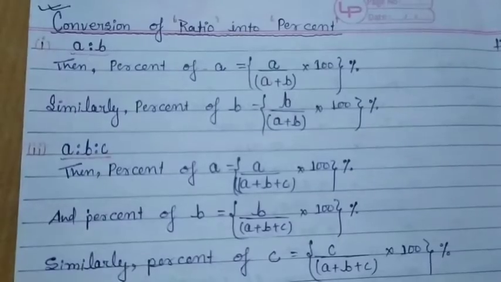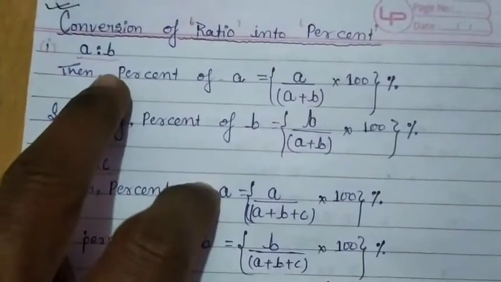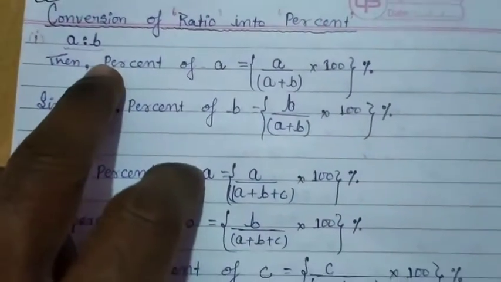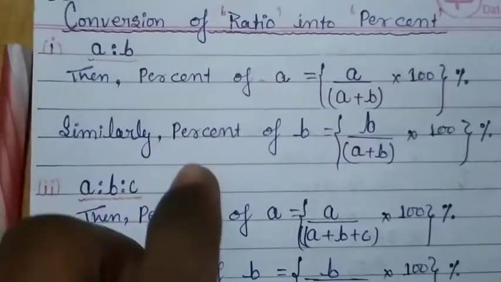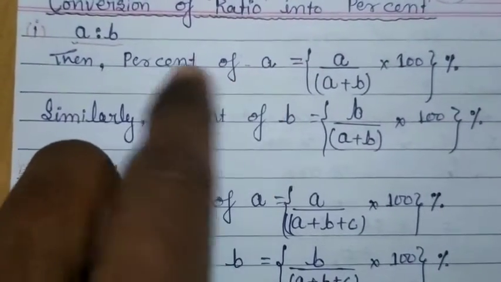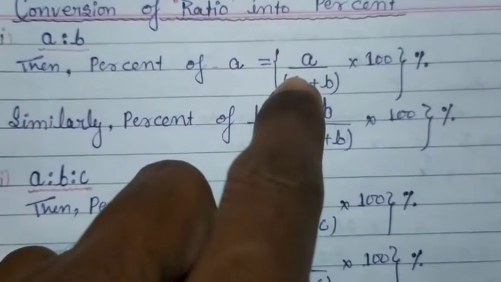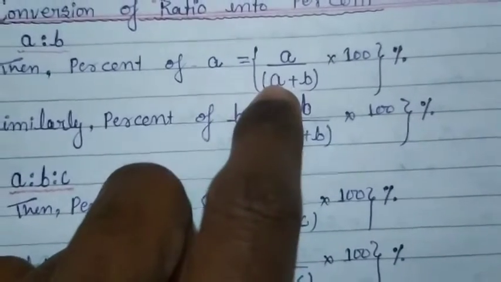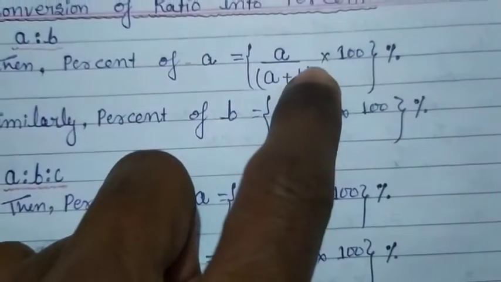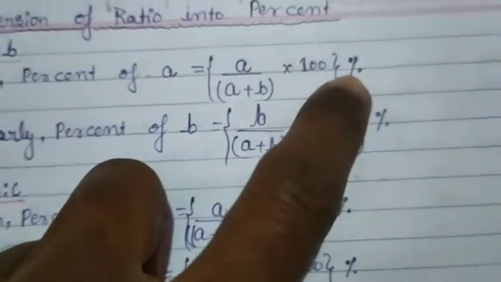Suppose we are given a ratio of two terms, A and B, and we have to convert them into percentage. Then the percent of the first term, A, can be evaluated by using A upon the sum of both terms, that is A plus B, into 100, and then it will be converted into percentage.